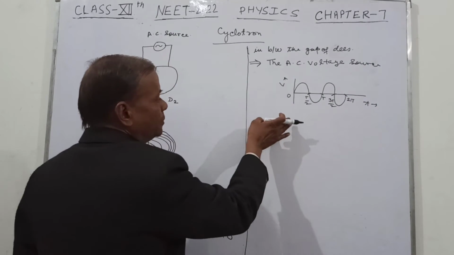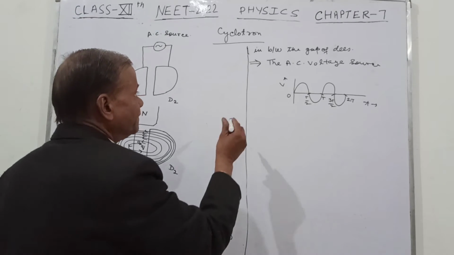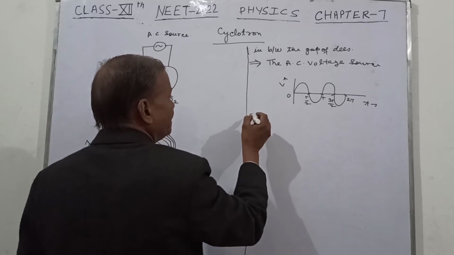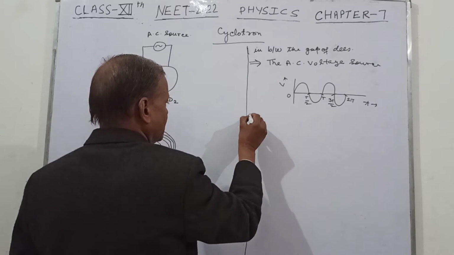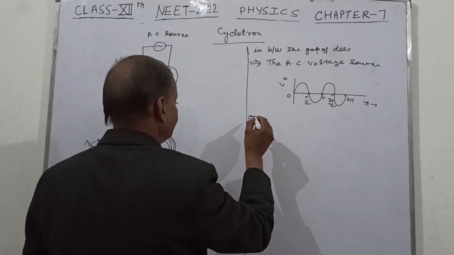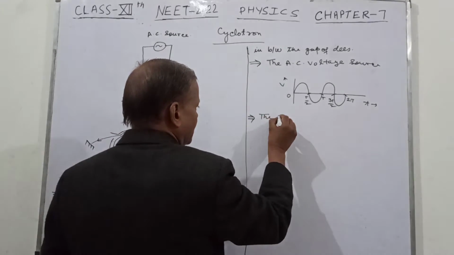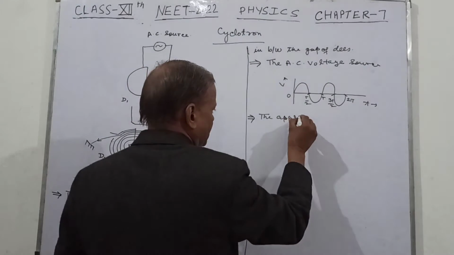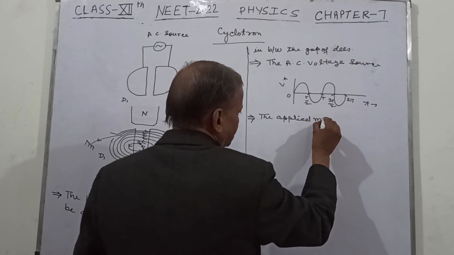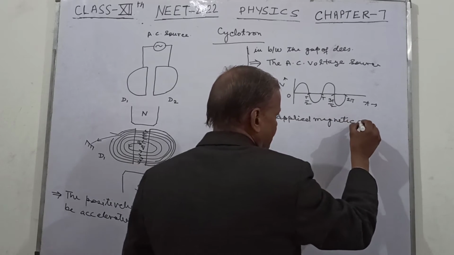So this is the variable voltage. The applied magnetic field.